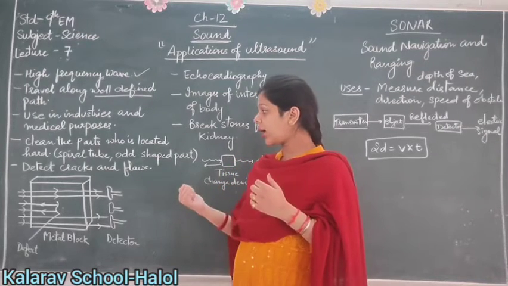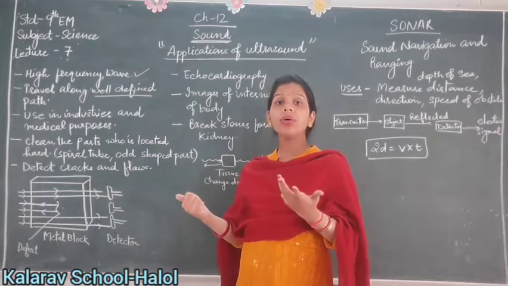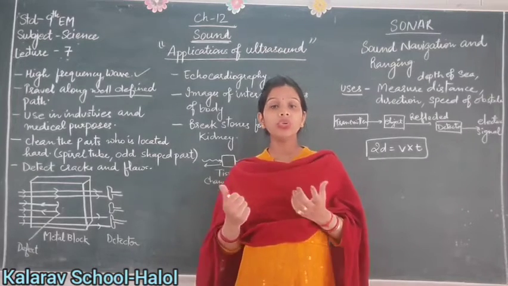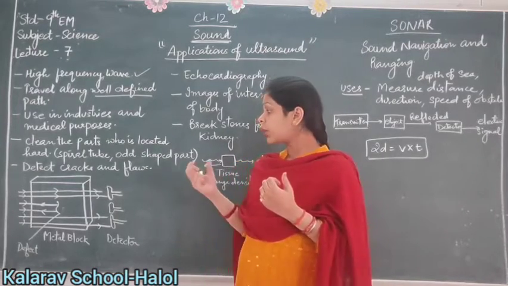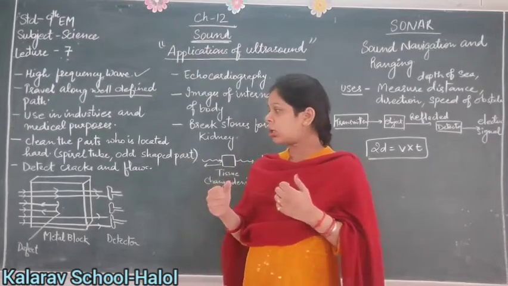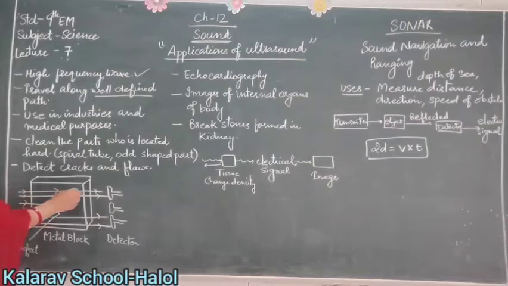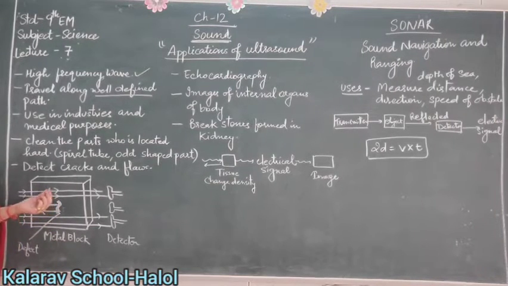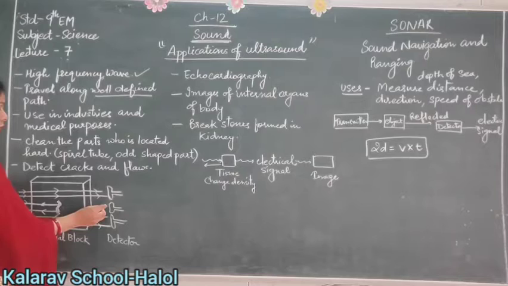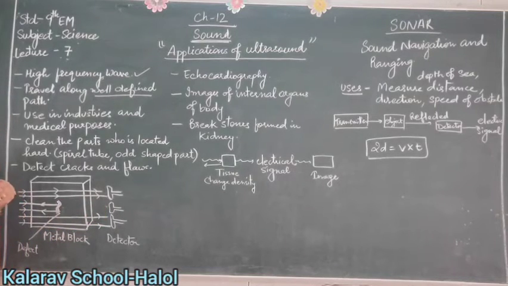Here I have shown in the diagram how ultrasonic waves are used to detect a defect in the metallic block. So here it is a metallic block. Ultrasonic waves are passed through the metallic block, but where there is any defect in the block, the rays strike on the obstacle or defect and are reflected back. When they are reflected back, they are not detected in the detector.